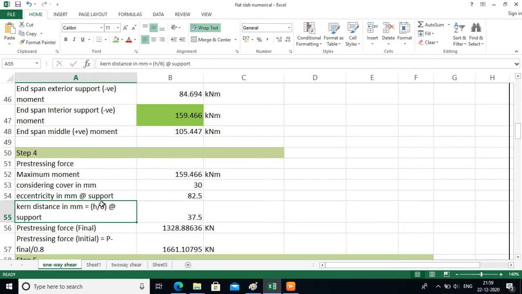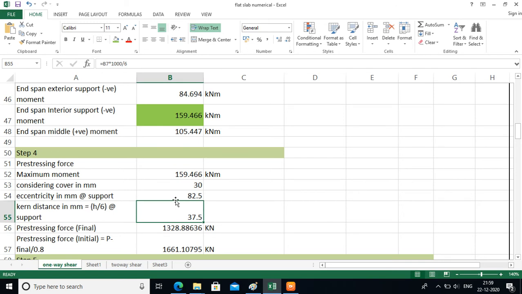We already derived this during the theory lectures. For a rectangle, the kern distance is h by 6, where h is the total thickness, divided by 6. So we'll get the kern distance also.